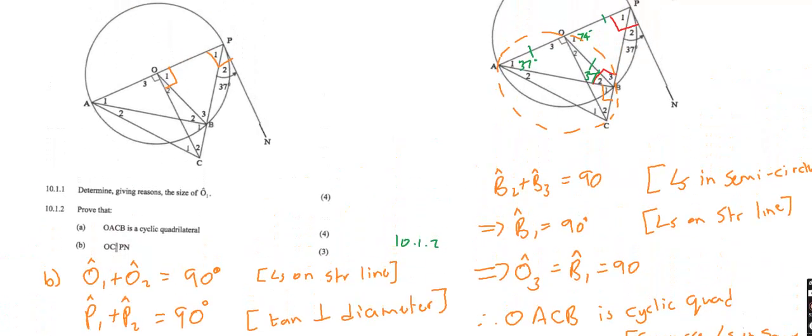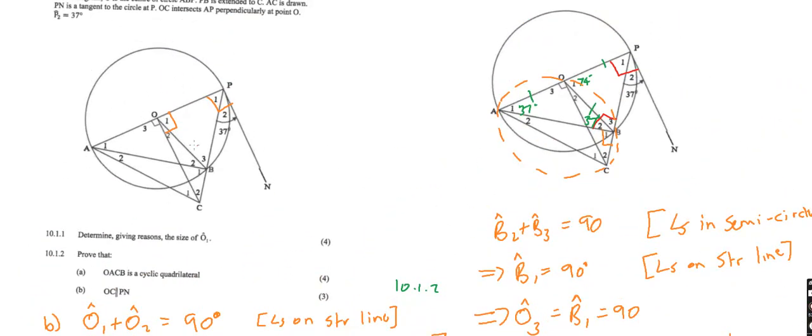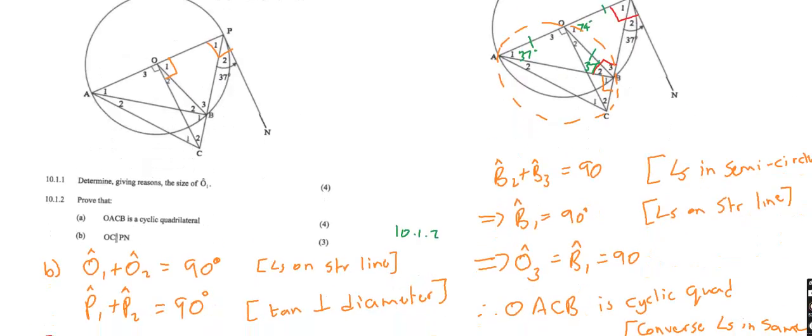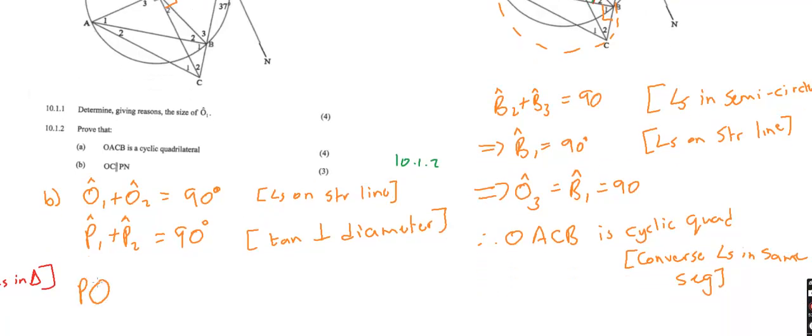Now, what have we just proved? What have we just seen? POC, which is O1 plus O2, plus OPN, right? So POC plus OPN. In fact, here instead of the O1, O2, we can use POC and OPN. We can change these to POC and OPN.